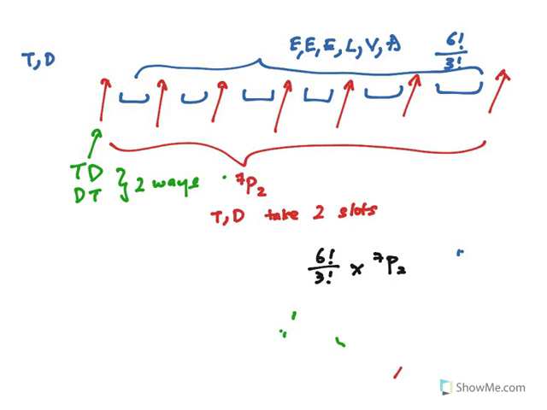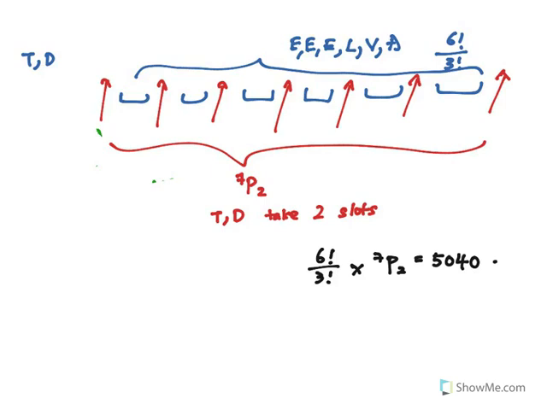Or you can say 7 choose 2 times 2 factorial. Oh, sorry, just 7 permute 2, because the permutation already took into account the arrangement. So it will be 5040 ways.